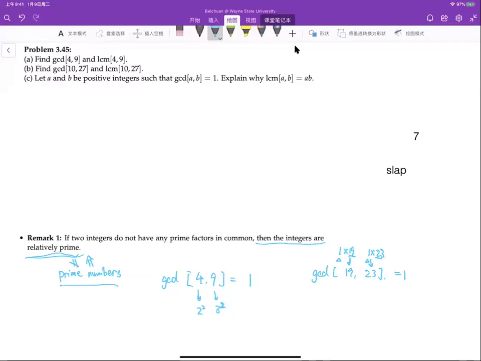And in this case, if we go back to question 3.45, there is a very interesting conclusion.